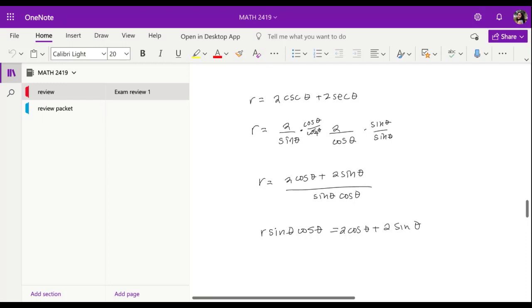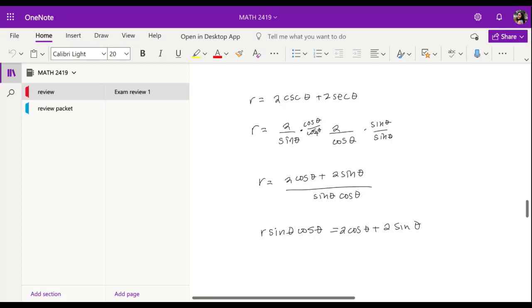And so now we have to split up the left side somehow. If we multiply both sides by r, then we can start noticing those x equals r cosine theta and y equals r sine theta equations.